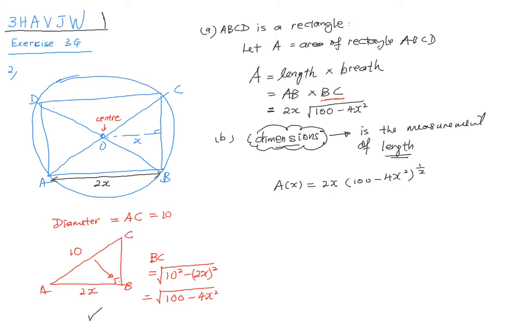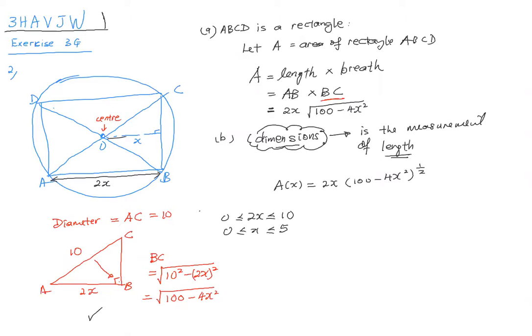If you look at the first diagram here, what is the longest possible value for x? So here, 2x is between 0 and 10. Am I right? So x will be between 0 and 5.